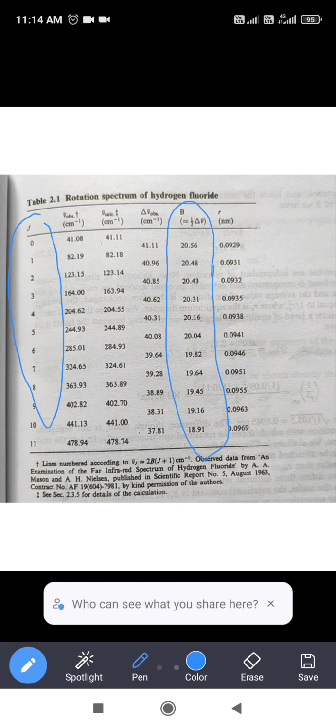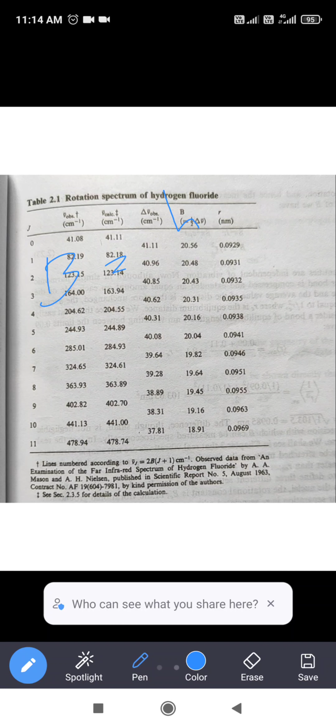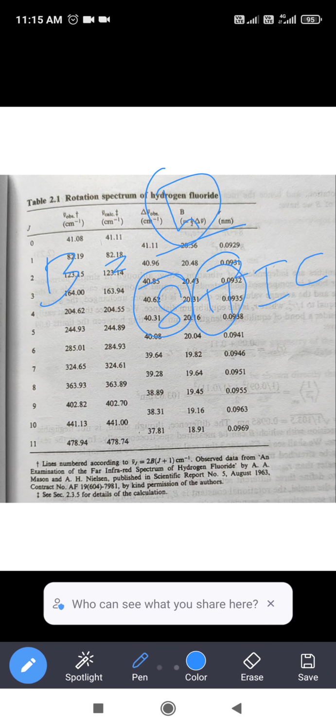Why does it decrease? You know the rotational constant B is equal to h divided by 8 pi square I C. h is constant, so h doesn't affect B. 8 is constant, pi is constant, c is constant. So these are the constants.